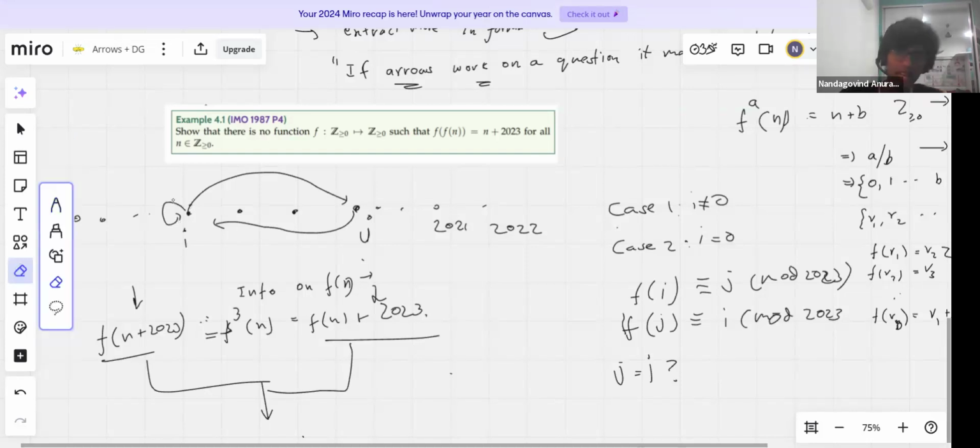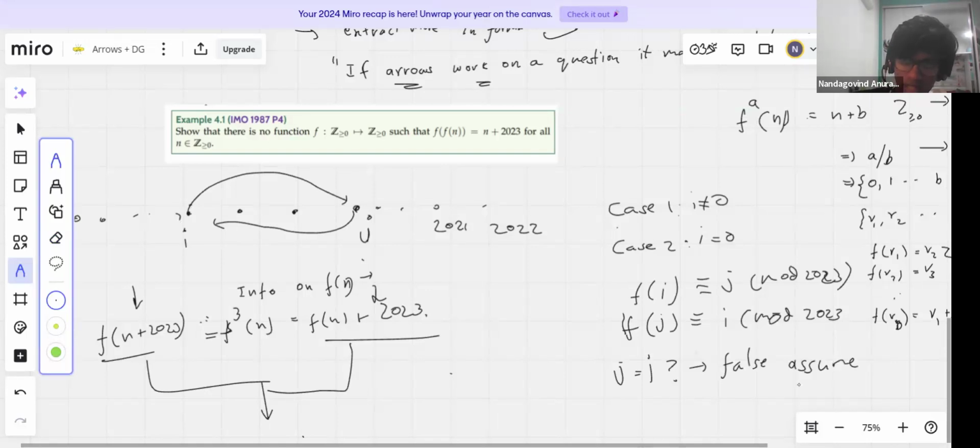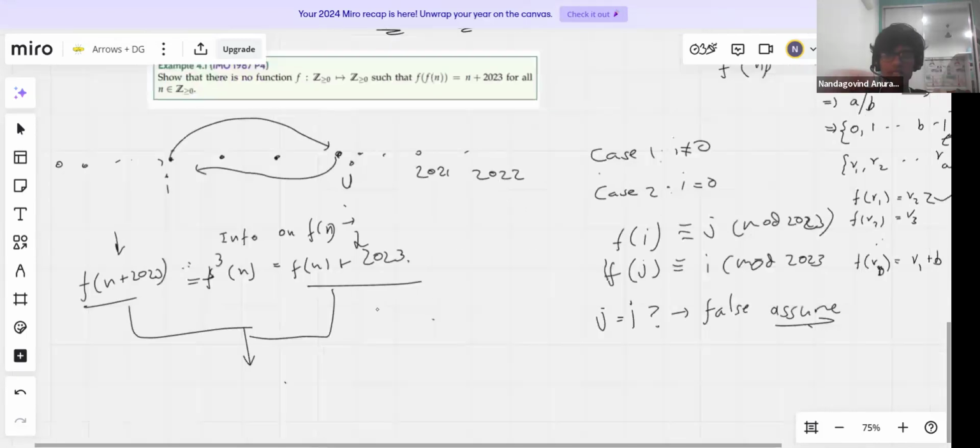Okay, assume that we had that this was false. Can you finish the question from there? If j equals I was false, can you see why the question's done?